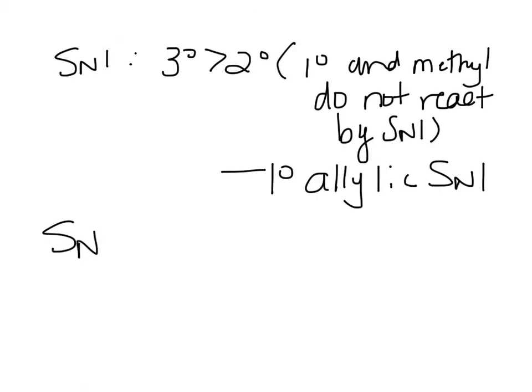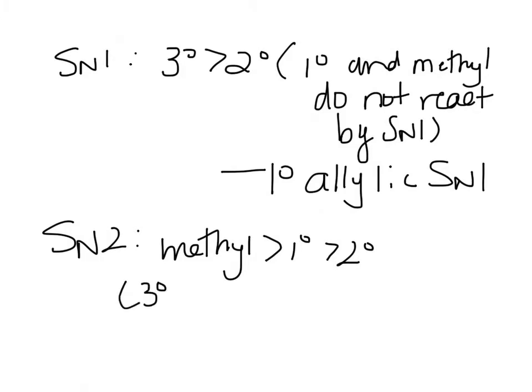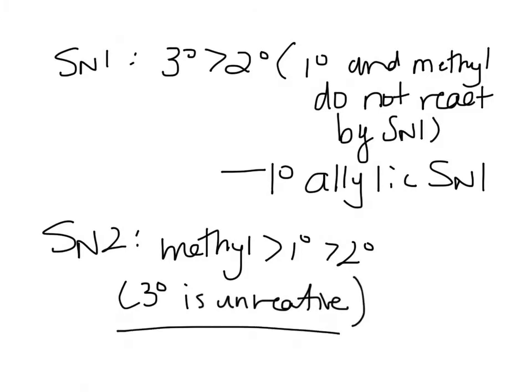For SN2, methyl is better than primary, which is better than secondary. Tertiary is unreactive, because there's too much hindrance.